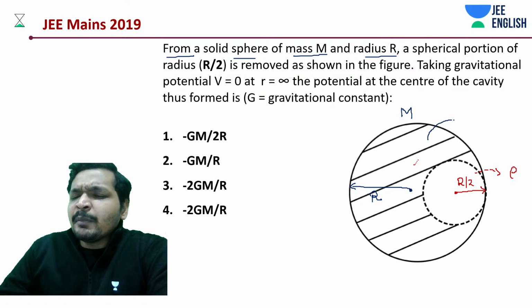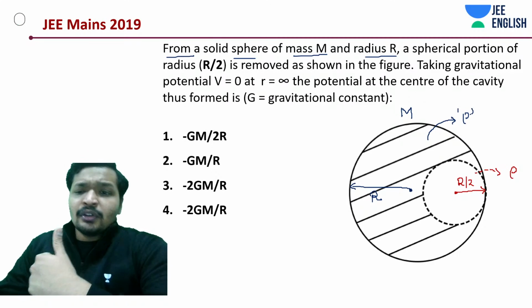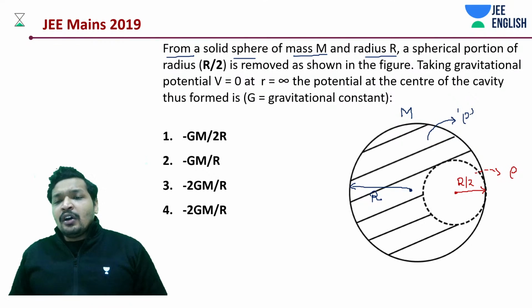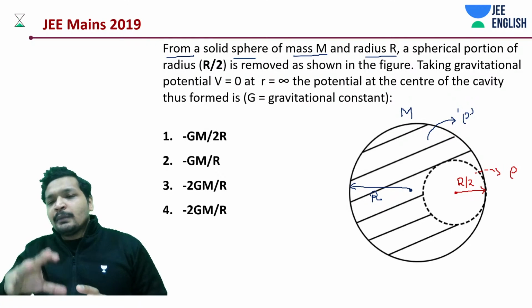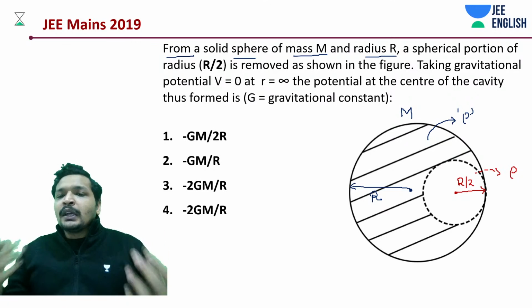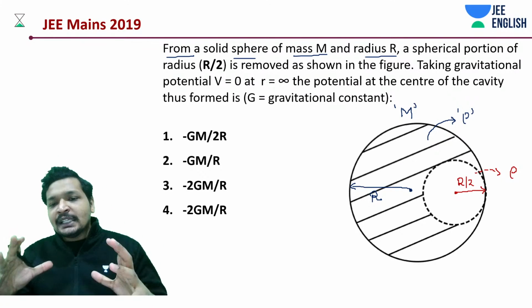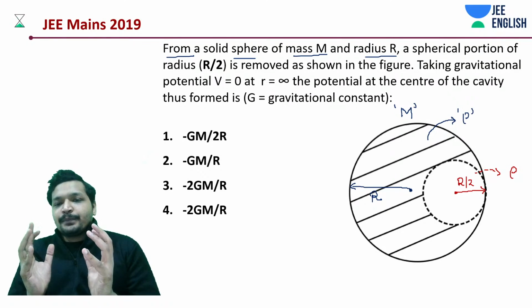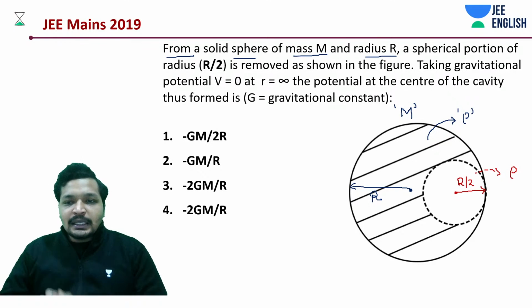And even before removing the cavity, sometimes it will be told that after that spherical portion of the mass is removed, the total mass is m. But in this case, initially itself that sphere had mass m.